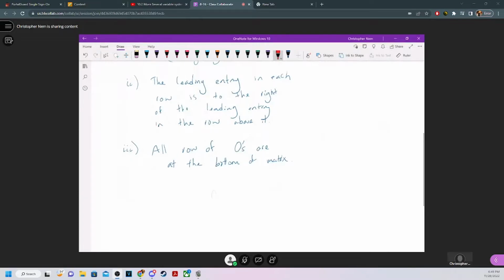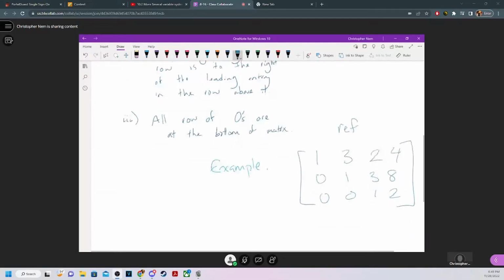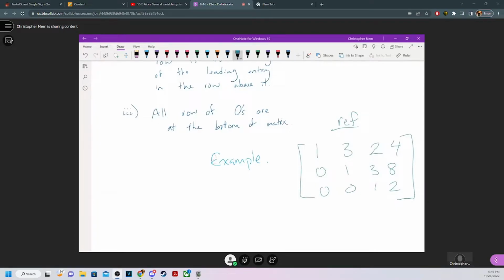Example. Let's suppose I have 1, 3, 2, 4, 0, 1, 3, 8, and 0, 0, 1, 2. This matrix right here is in row echelon form. Why? Well, the leading entry here is 1, here is 1, and here is 1.